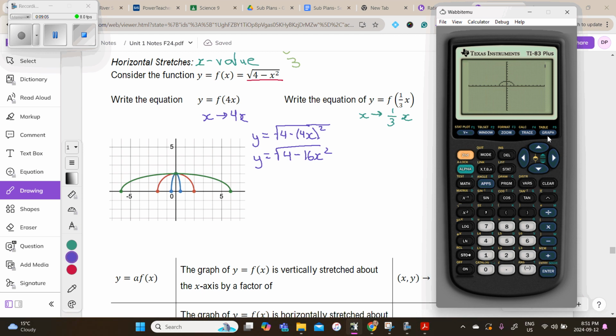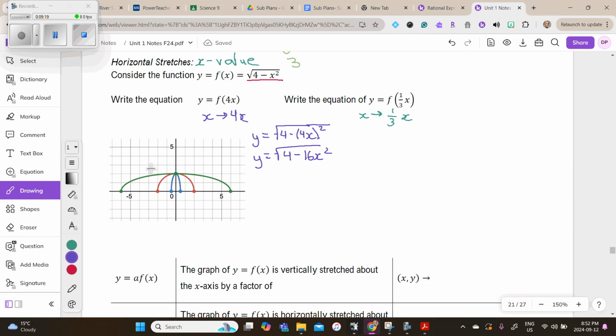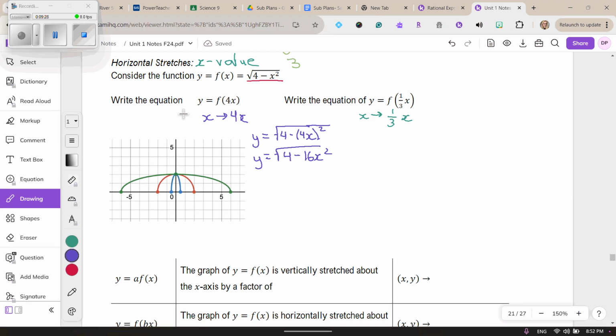There's my original function, the red one. And there's my TI-83 doing its best job to graph that blue function. So we have created a horizontal stretch by a factor of a quarter. So when we map x to 4x, we are doing a horizontal stretch by a factor of a quarter. So essentially we're squishing the graph when that is larger than 1.